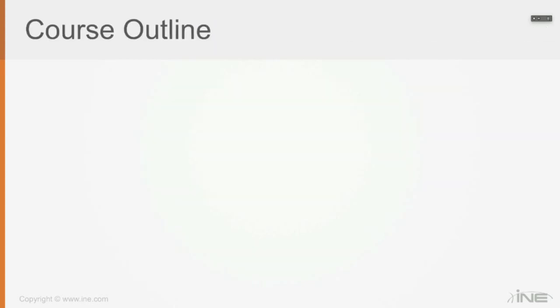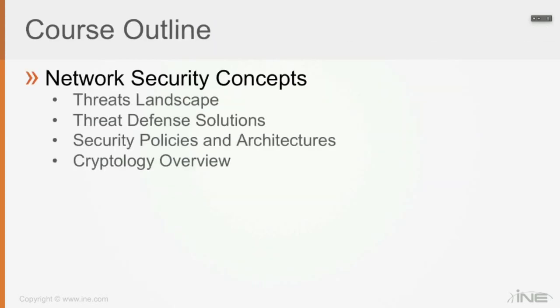Within the first section, network security concepts, we're going to speak about what's called the threat landscape. We're also going to look at the history of how attacks on the internet evolved, and what some common types of attacks are.